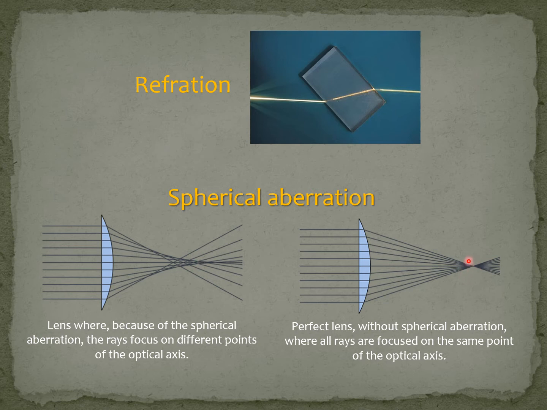This is the focus spot of a perfect lens: if the lens is perfectly made, all the rays will focus on one area. In this case, which is the most common effect, the different rays don't all focus on the same spot, even though every single ray is the same wavelength. This is what we call spherical aberration, and it needs to be corrected for us to have a clear image.